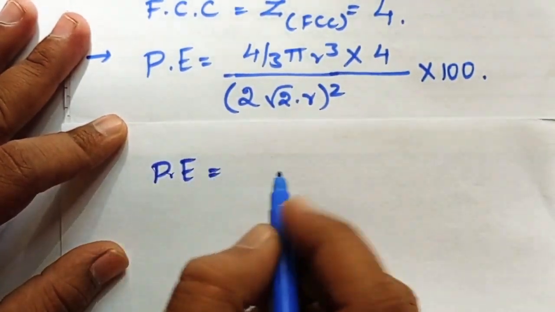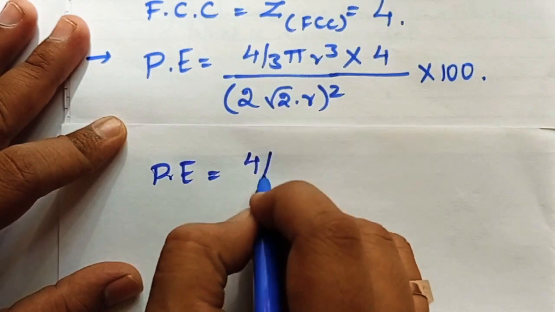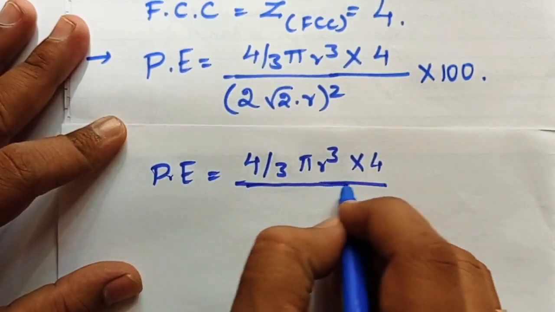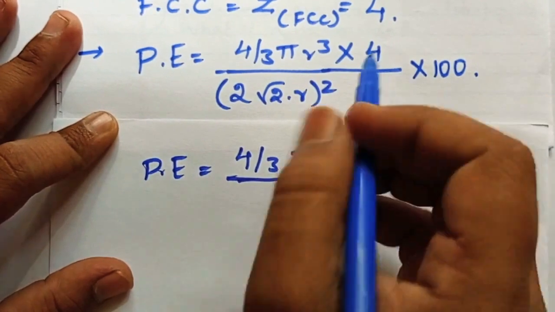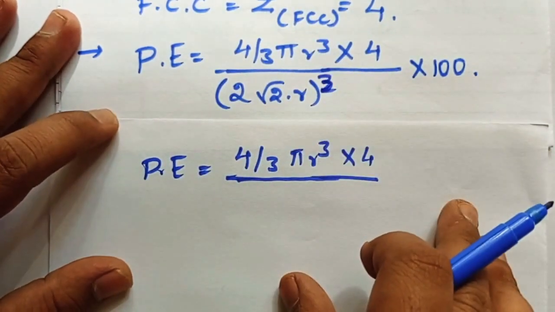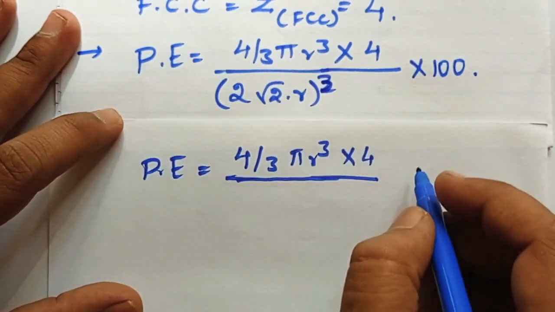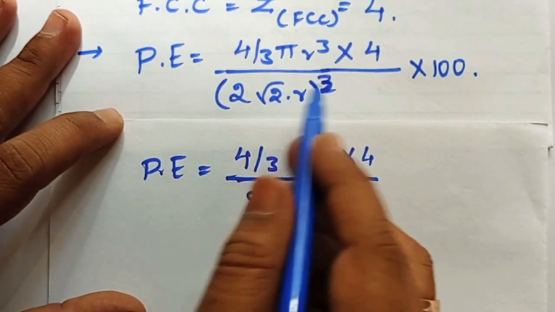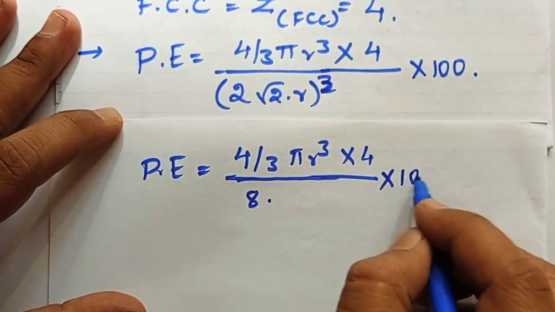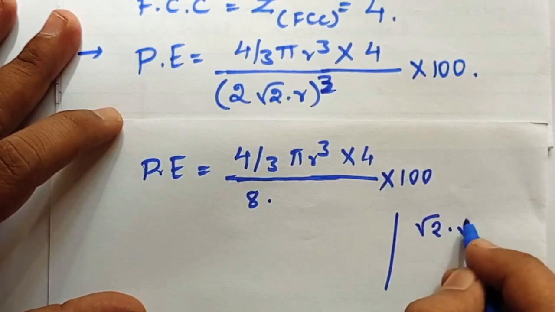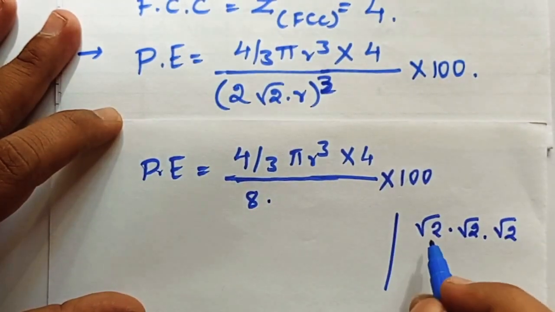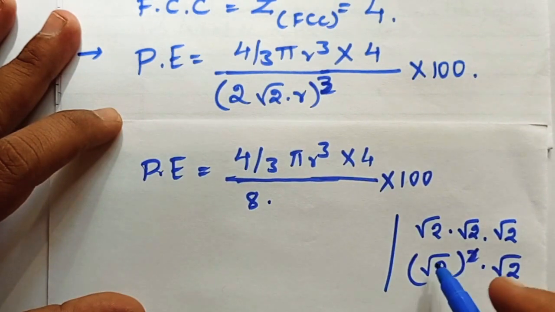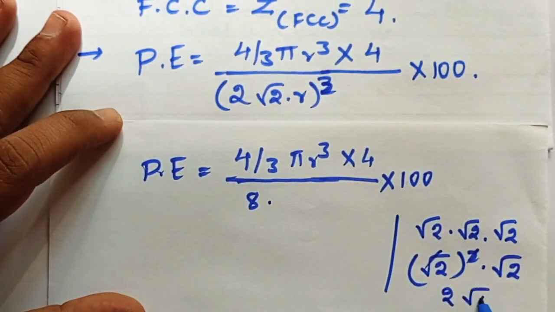Here 2 root 2 r whole cube: 2 cube is 8, and root 2 whole cube is root 2 square into root 2, that is 2 root 2.